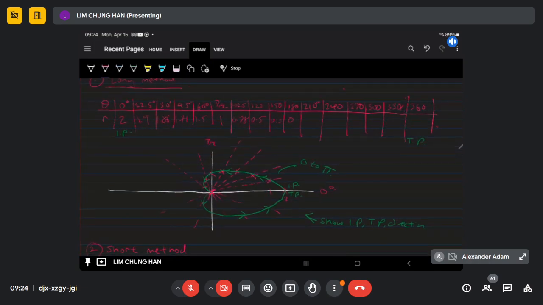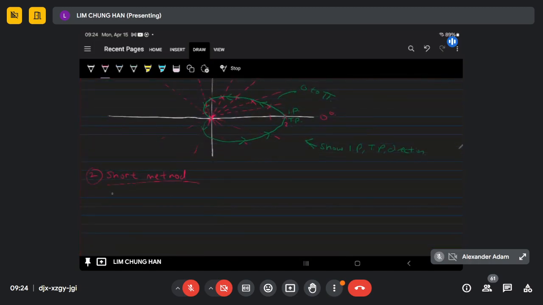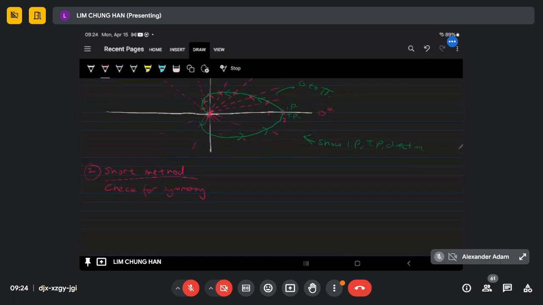So now let's try the short method. For the short method, you have to check for symmetry. When you check for symmetry, there are 3 symmetries you can check for. You can check for symmetry about the polar axis.